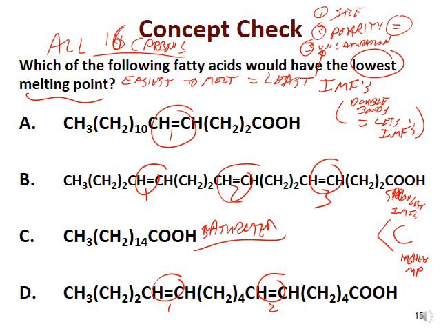Is it 1 or 2 or 3? And of course, more unsaturation, less intermolecular force, weakest IMF, therefore lowest melting point. And then D would come next, then A, then C. That's the trend. Nice test question. Be ready.